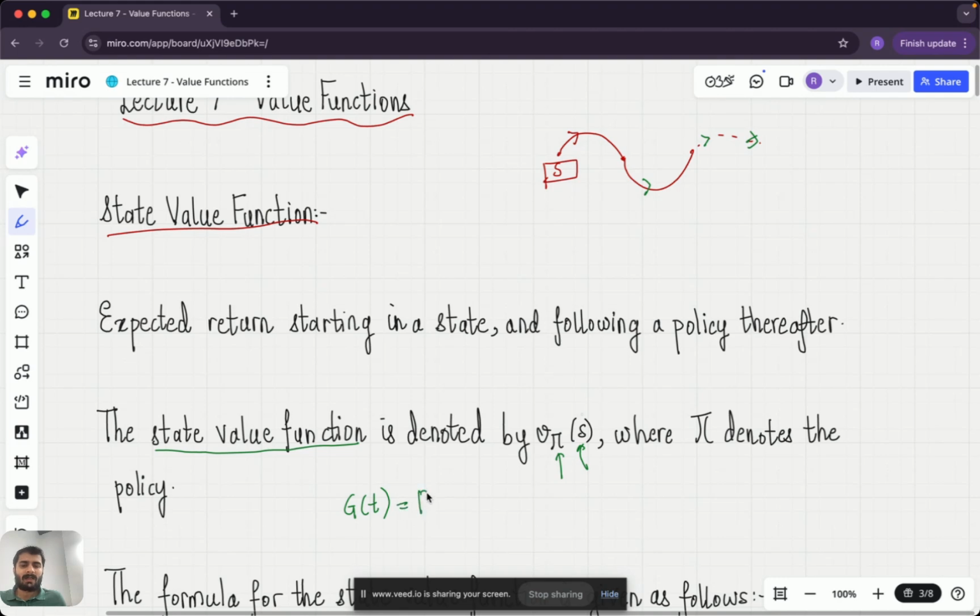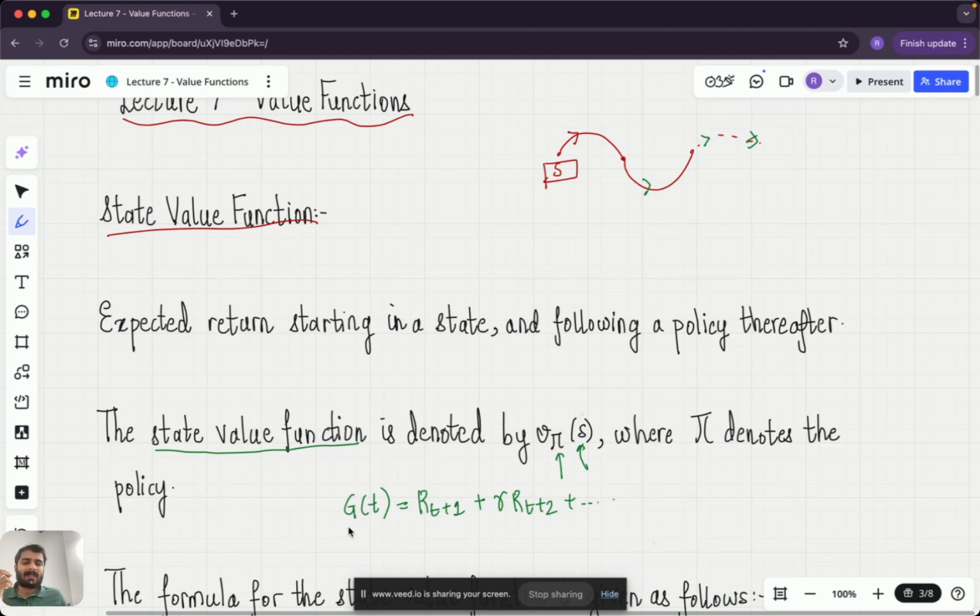This was R t plus 1 plus gamma times R t plus 2 plus dot dot dot, where gamma is the discount rate. And this formulation we saw is especially suitable for tasks which are continuous, not episodic tasks, but nevertheless, we will look at this formulation of the expected return itself.